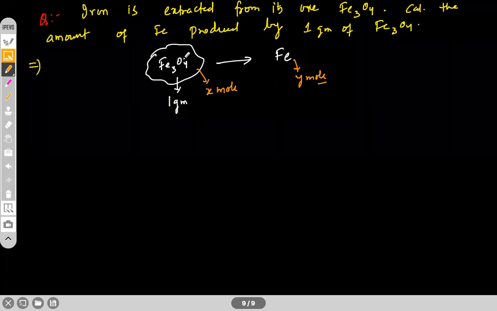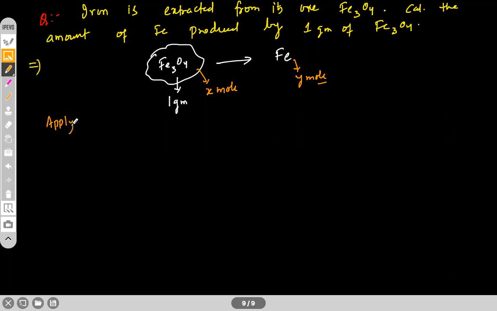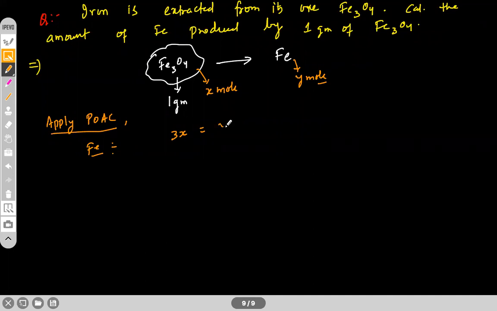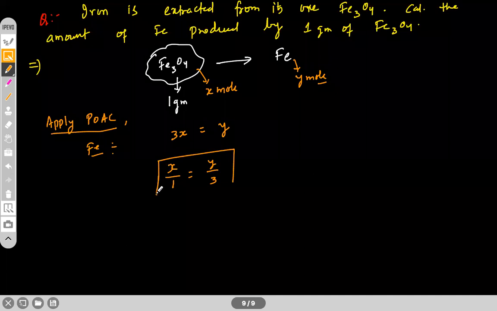So X mole of this, if you apply POAC, we'll apply POAC for what? We have only one choice, for Fe. So we can write 3x equals to y. Further, we can write x by 1 is equals to y by 3. Could anybody tell me what is the meaning of this expression that I have written here?